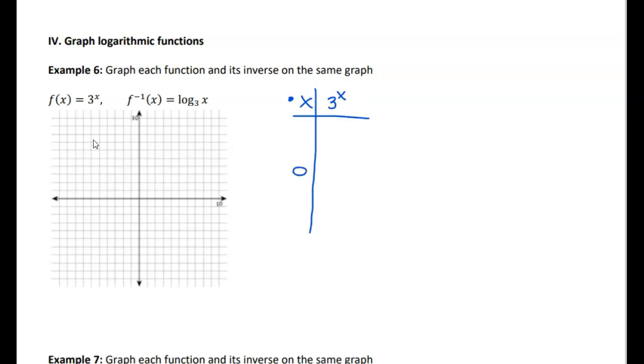This is an easy one to do because evaluating exponentials is straightforward. So 3 to the 0 is 1, 3 to the 1 is 3, 3 to the 2 is 9. Now 3 to the negative 1 is 1/3. 3 to the negative 2 is 1/9.